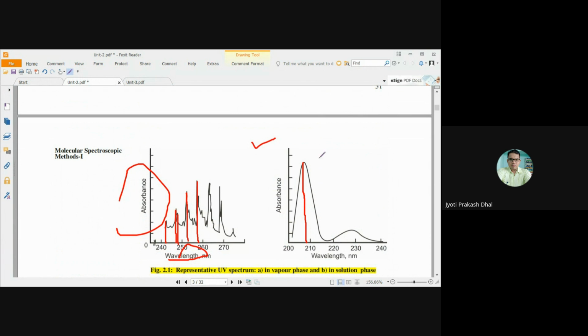So that's why in this case we get lambda max here. So this is the lambda max value, because at this wavelength the sample absorbs the maximum electromagnetic radiation. That's why its absorbance will be maximum, and this wavelength is called lambda max.